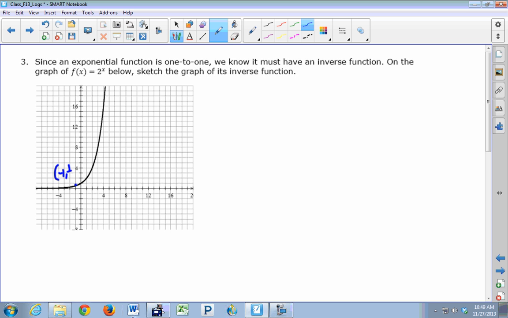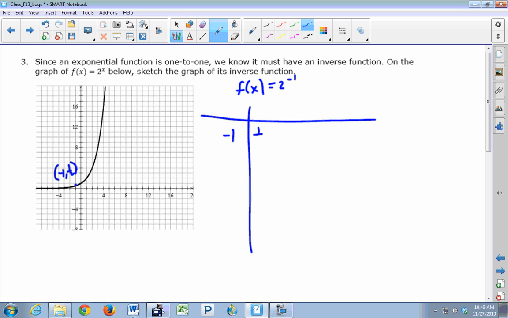Now, how did I get that? Well, if I put -1 into my function it's 2 to the -1, so I get 1/2. So my point on this graph is (-1, 2 to the -1). And I'm keeping it in exponent form, and you'll see why in a minute.